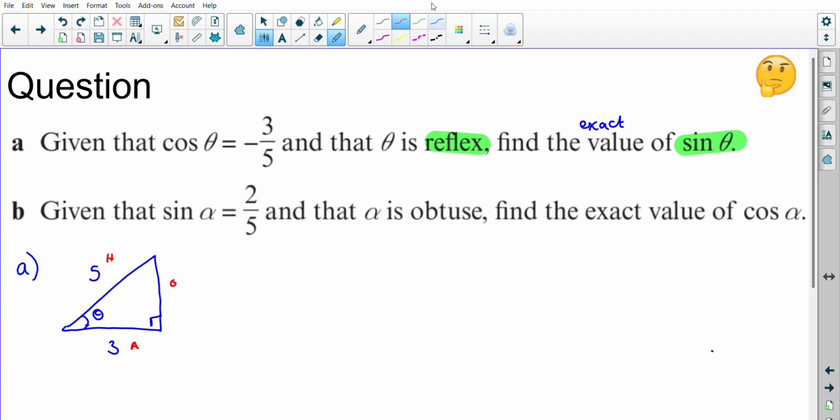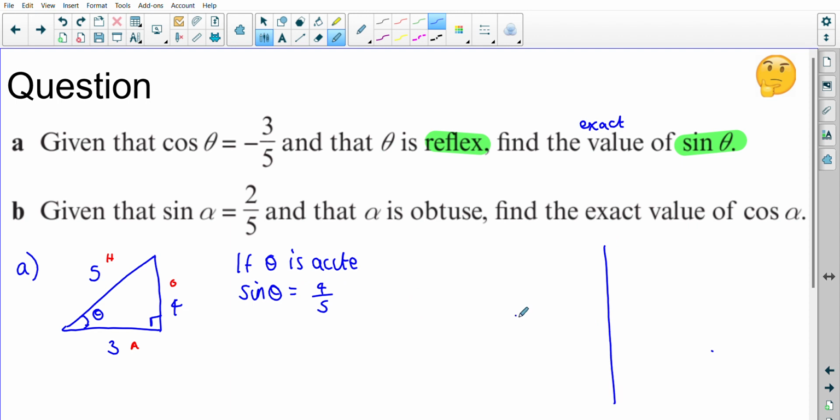So the opposite side, just like the last one, it's going to be 4 because it's a Pythagorean triple. Now, if theta is acute, then sine theta will be equal to opposite over hypotenuse, which is 4/5. I could find tan, but I don't need to.